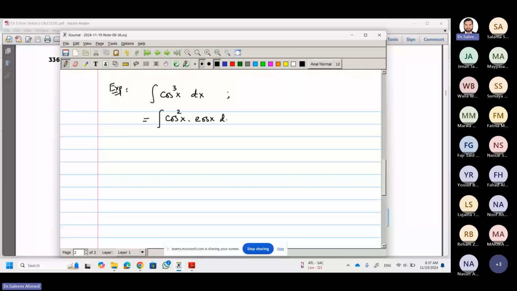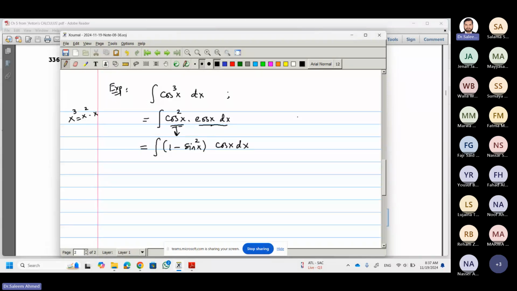Let's say I split it. We can do that, right? Because if you have any power 3, we can write it as x square into x. So I wrote cos cube as cos square into 1 cos. But cos is the derivative of sine, not cos. If I take cos as u, it is not the derivative of cosine x. It means I need this function to be converted into sine x, because the derivative of sine x is cosine x. So cos x dx remains there.